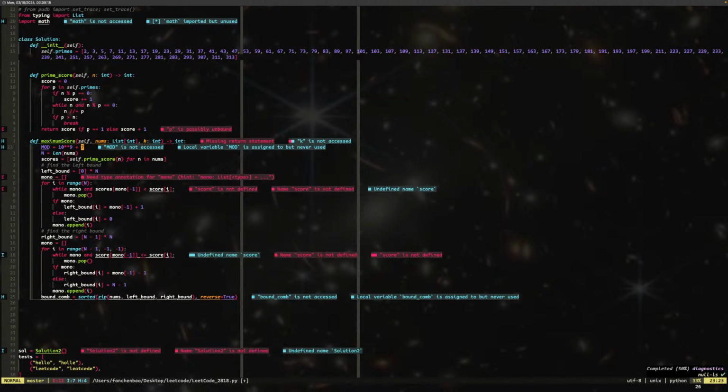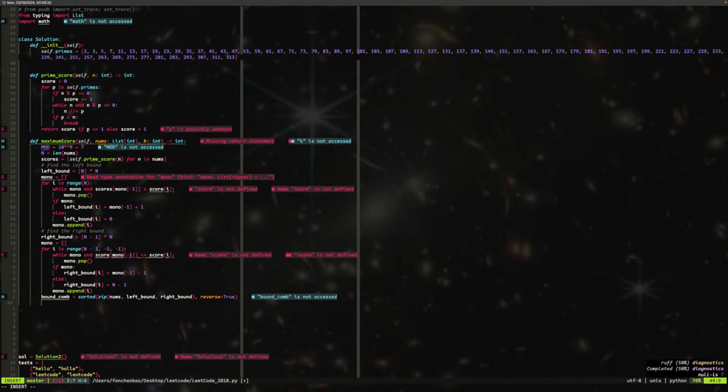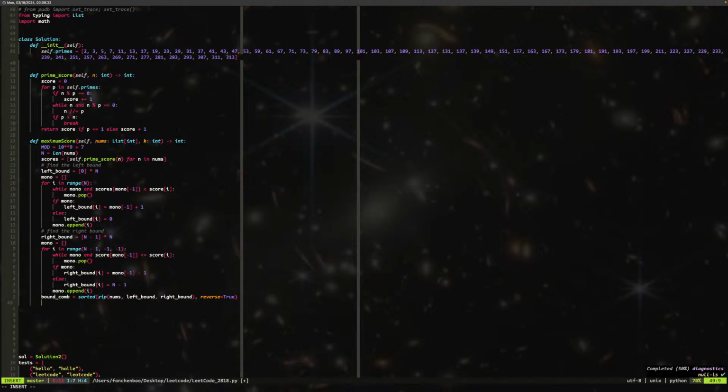That is not a big deal. Now what we're gonna do here is for number, left bound, right bound in bound combined, and we need to compute how many subarrays we can create from this.